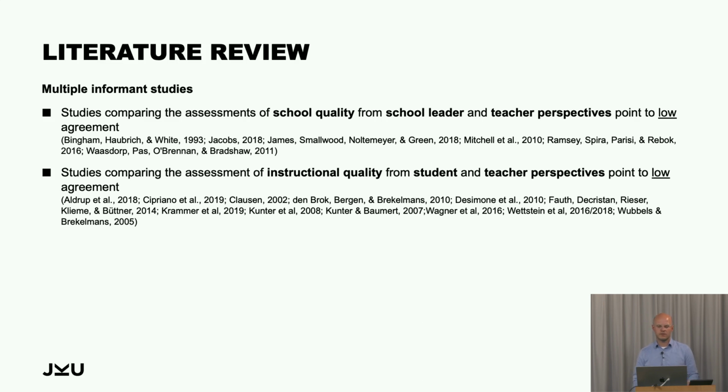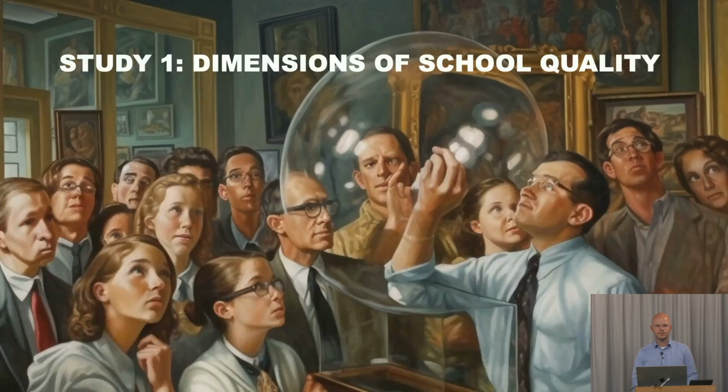These studies too point to low agreement between these two informant groups. Our aim is to extend the existing literature and research, particularly with regard to school quality dimensions. To do so, we conducted two different studies.